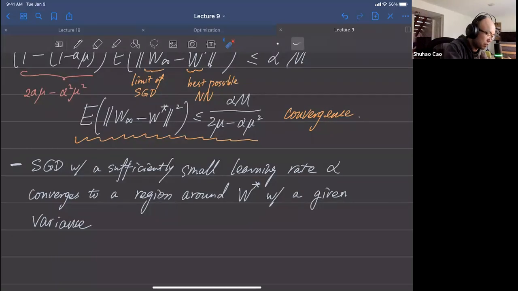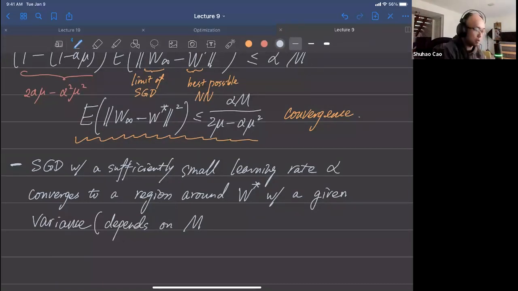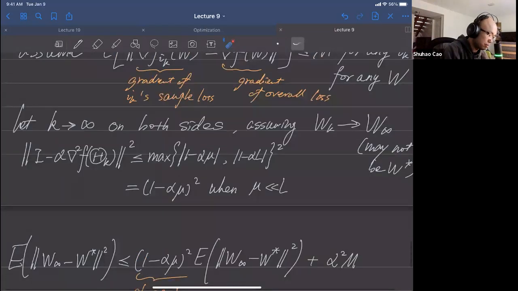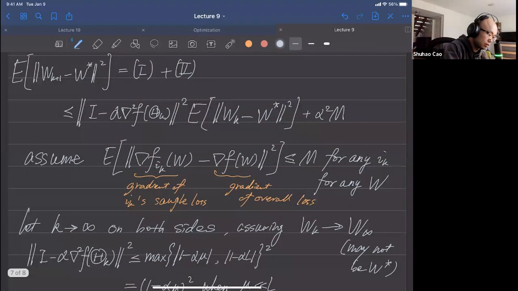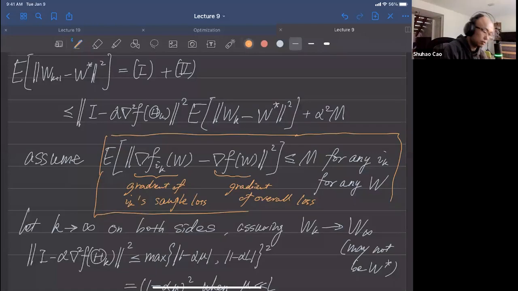The variance depends on this M, and of course it depends on mu and L, but we only see mu here because we assume L is much greater than mu, so it actually depends on this M. Let's recap what our M is.